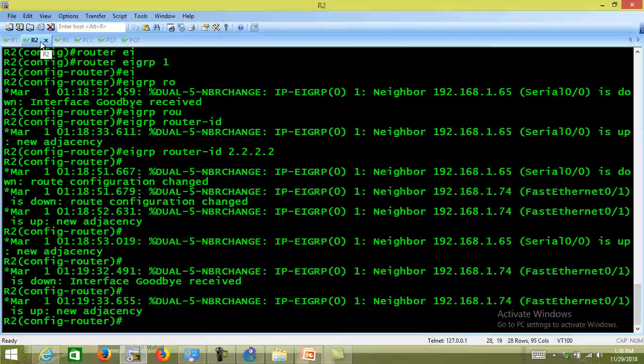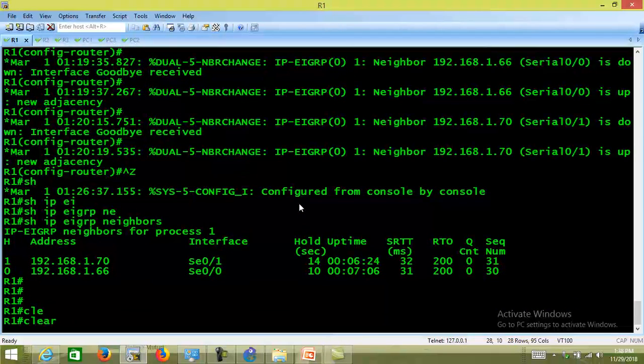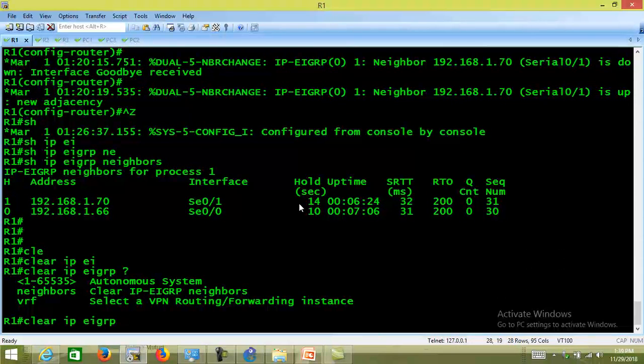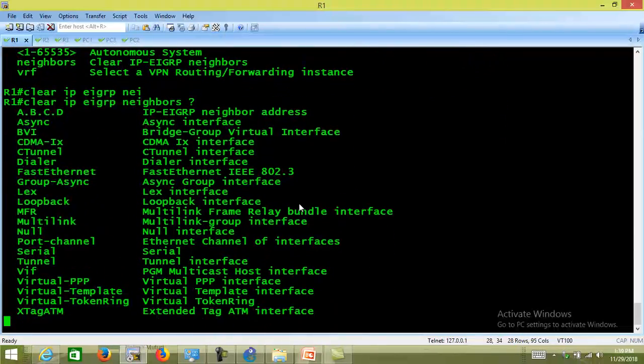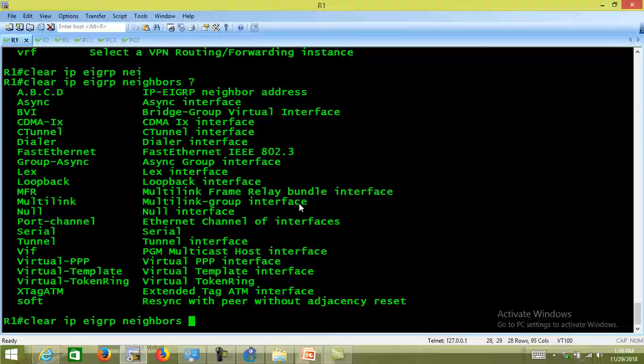Or did I do a duplicate? I'm wondering why. There is a way we can do clear ip eigrp neighbors, to down the neighbors so they form a neighbor relationship again. I think you can put an asterisk.